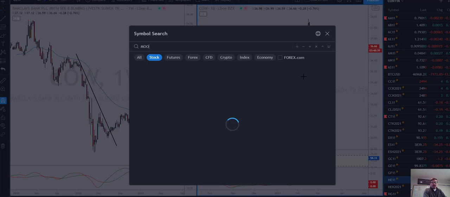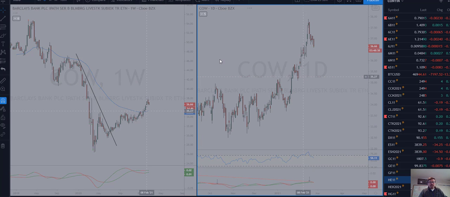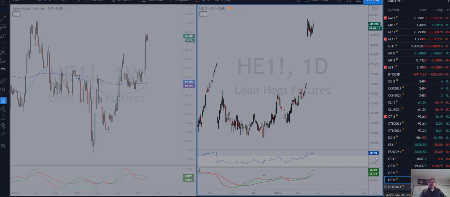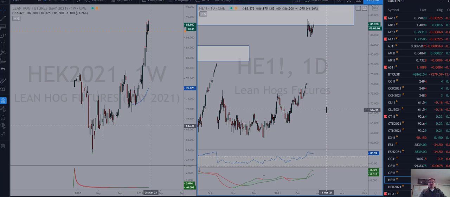You could also look at MOO, M-O-O, another ag ETF that is going to replicate more of the movement of meats in general. So those are a couple ideas to look at or consider. Liquidity is not going to be too great in MOO or COW, so that's why we would prefer to trade hog futures or hog futures options.